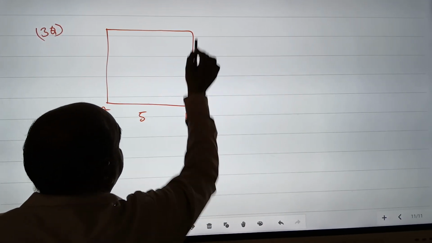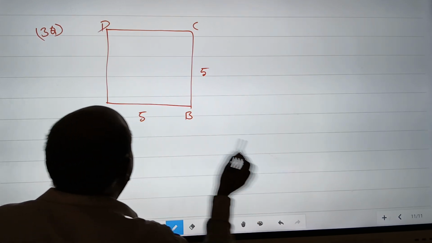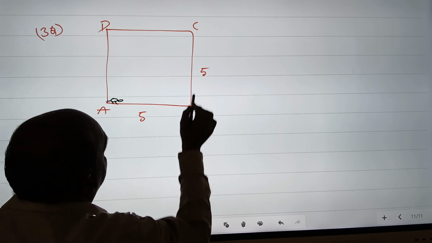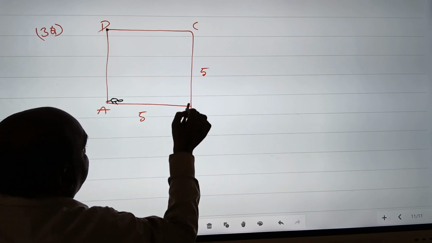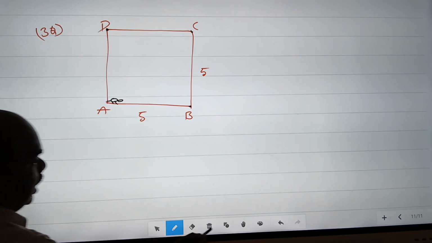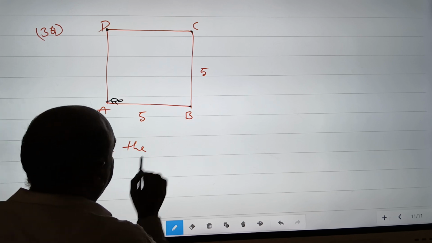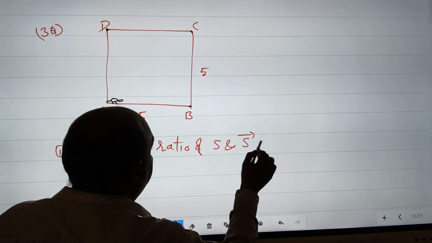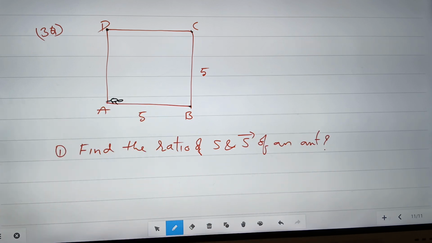Name the vertices as A, B, C, D. An ant moves from A to B, B to C, C to D. First it travels from A to B, then it reaches here, then C, then D. Now the question is: find the ratio of distance and displacement of the ant. Pause it and do it.